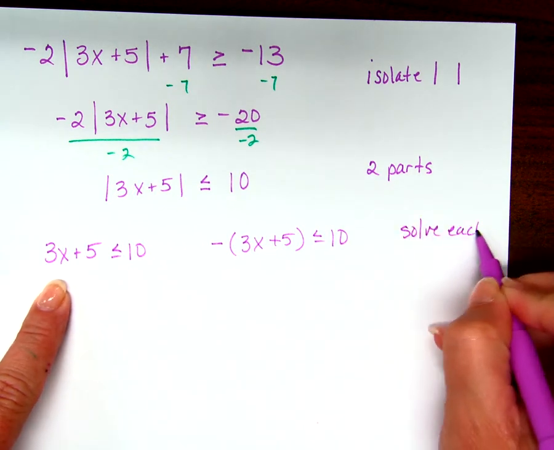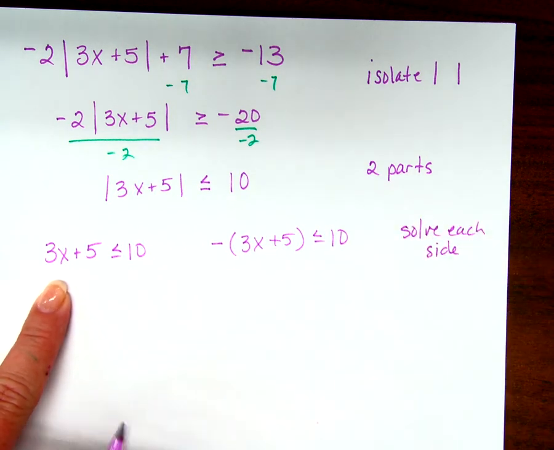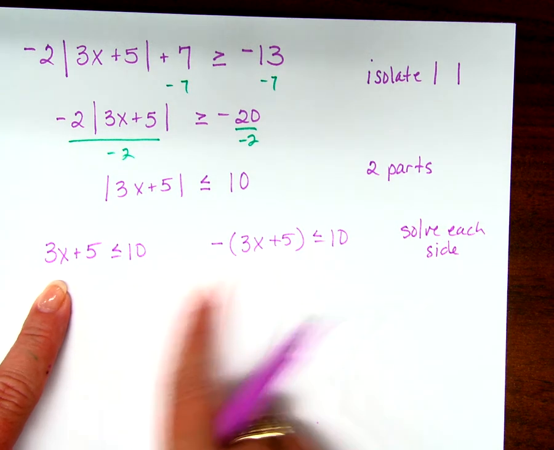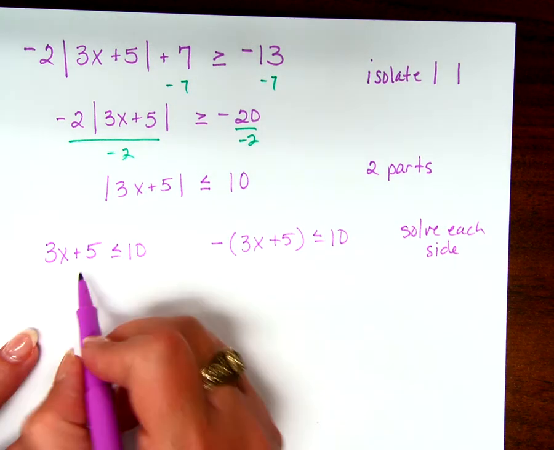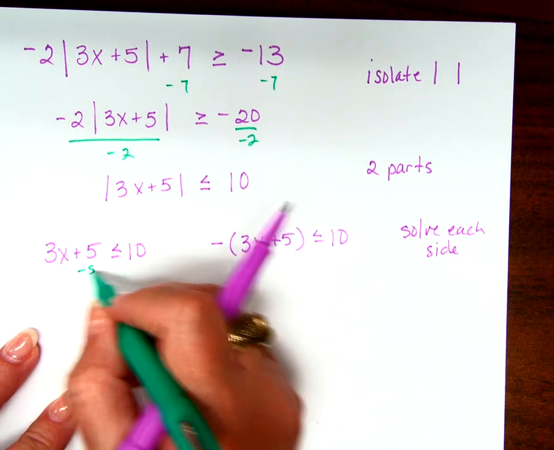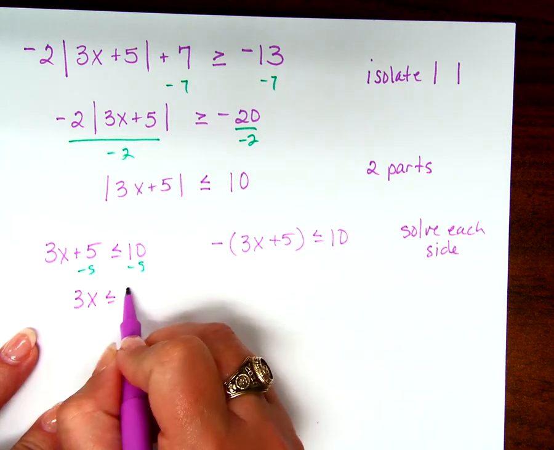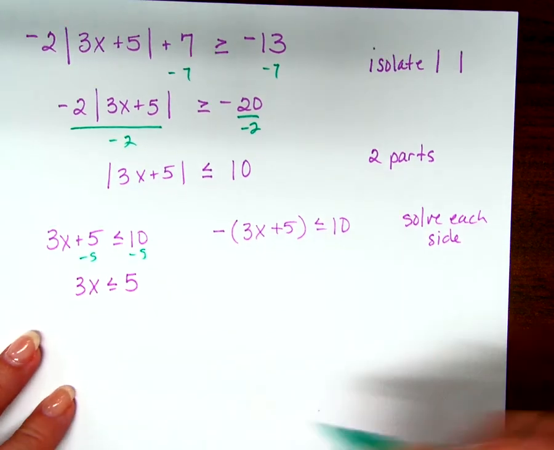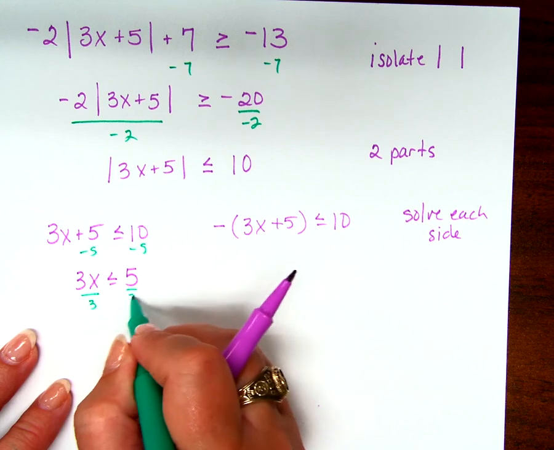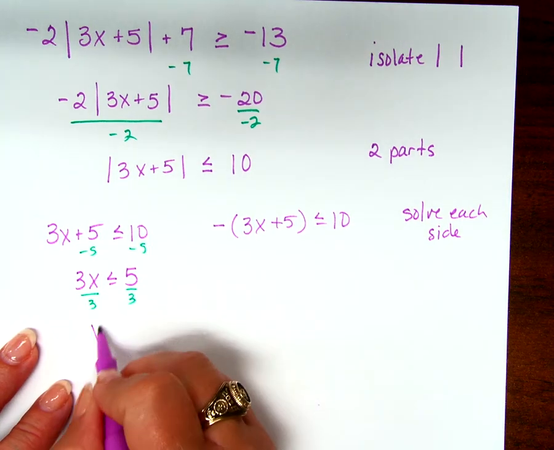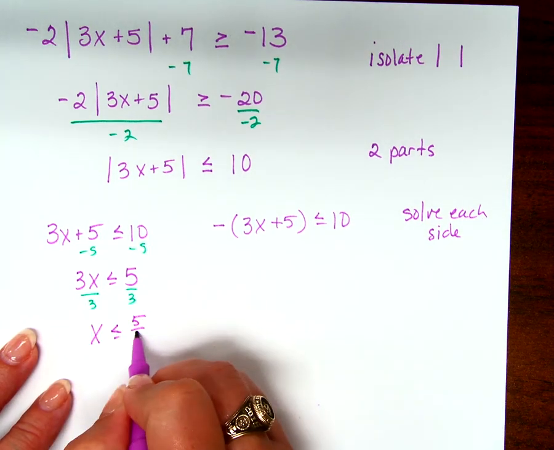Solve each side or each part. Okay? Because now it's like a compound inequality, right? So subtract 5 from both sides. 3x is less than or equal to 5. Dividing both sides by 3 gives me x is less than or equal to 5/3.